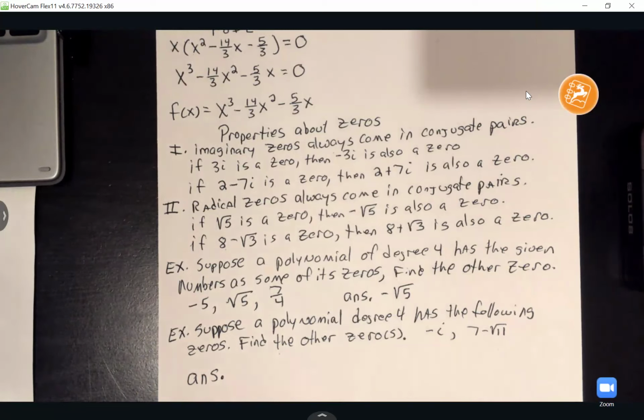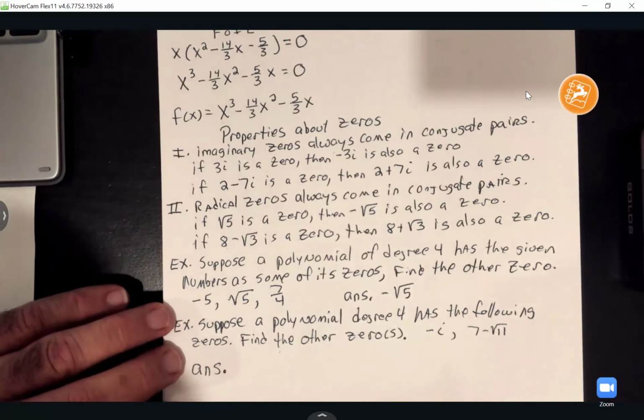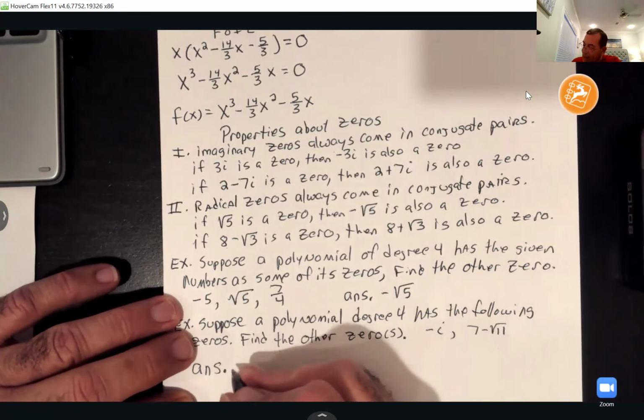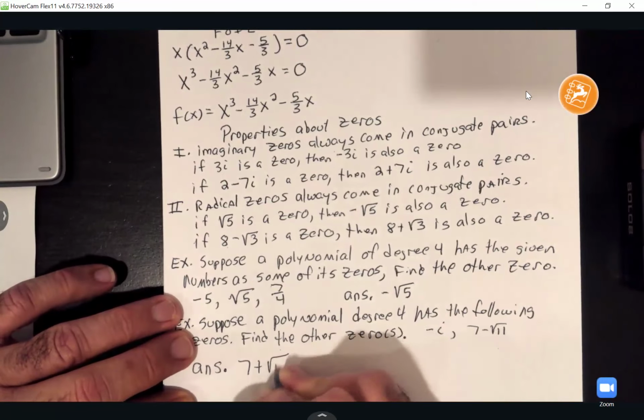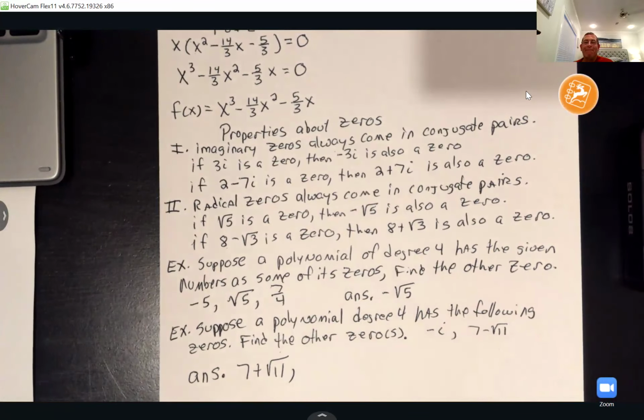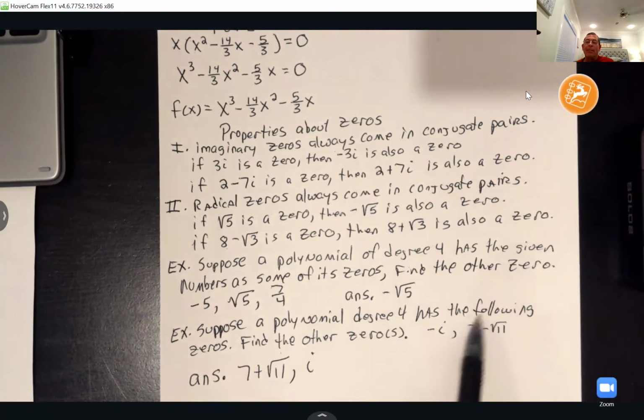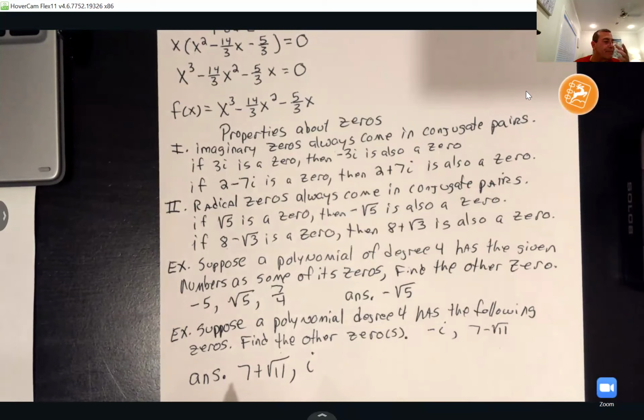Is one the square root of 11? But it's going to be 7 plus square root of 11. Okay. What's the other one? Positive i? Oh my God, there you go, positive i. Right? If you got a negative i, you need a positive. And then remember on these, since that's one whole number, all you did was change the sign of that radical.